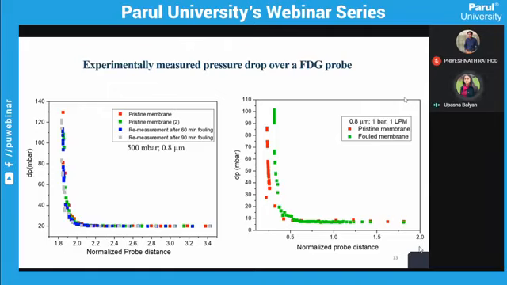It definitely depends on what kind of feed you are using inside the FDG probe. But remember, the FDG probe is such a delicate probe that you cannot use any kind of sludge material inside it, because it can block the probe entrance, since it basically works on flow constriction.